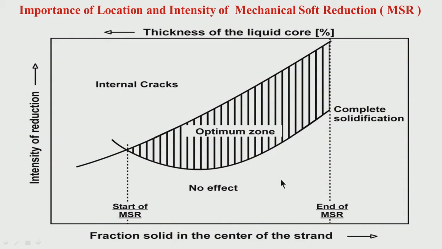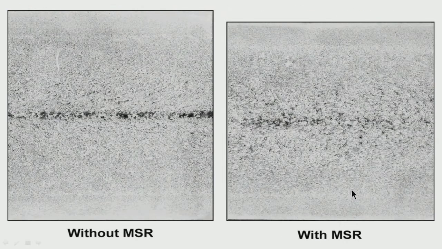It should not be too low, it should not be too high, it should be within the desirable range. So the location as well as the intensity, the amount of reduction, is very important to get a good internal quality, where cracks will be less, almost nil, segregation will be less, and it will be distributed as I have shown in the figures.